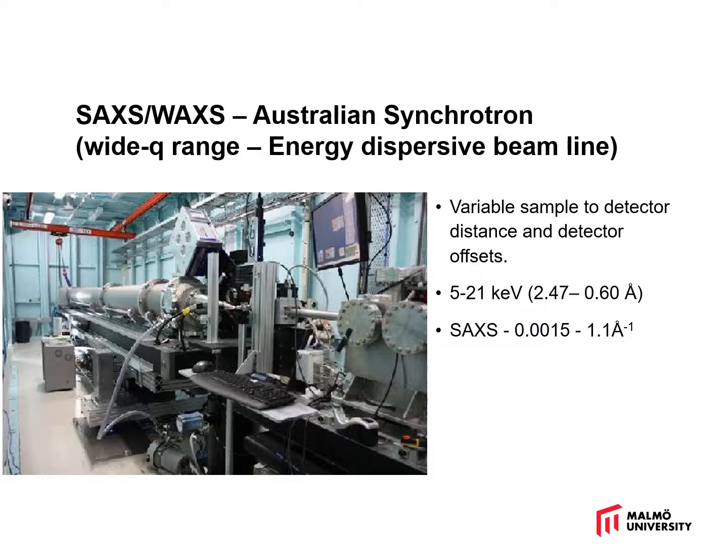Nowadays, this has been replaced with a detector in a large tank which can move continuously. There's quite a bit of room around the sample at the front of the detector tank, and they really could accommodate a large range of different kinds of sample environments on this beamline. Quite a nice beamline.